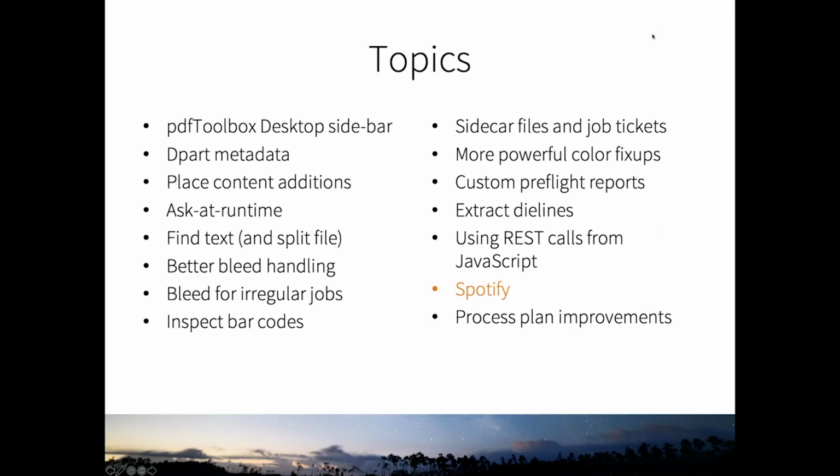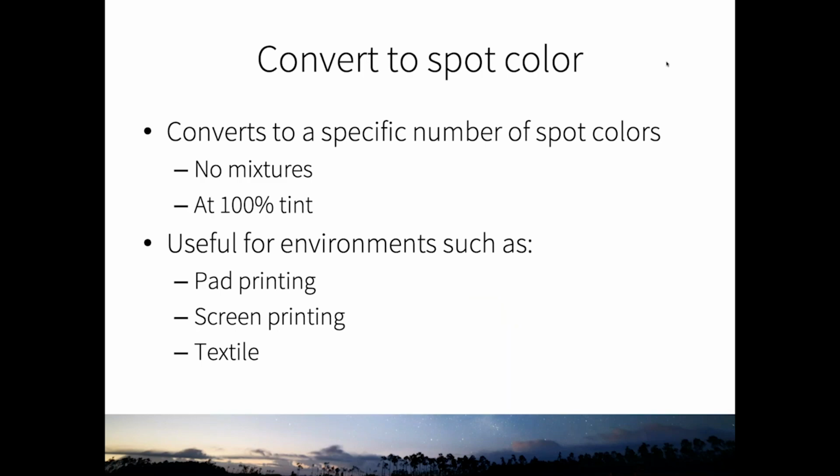Okay. Something that is a little bit different, and I'm saving two very big features for the end. The first one is Spotify, and Spotify is a convert to spot color, but a specific one. There are some environments, think of things like pad printing, screen printing, in some cases when you want to convert a file for processing in a textile workflow, you might encounter the same thing.